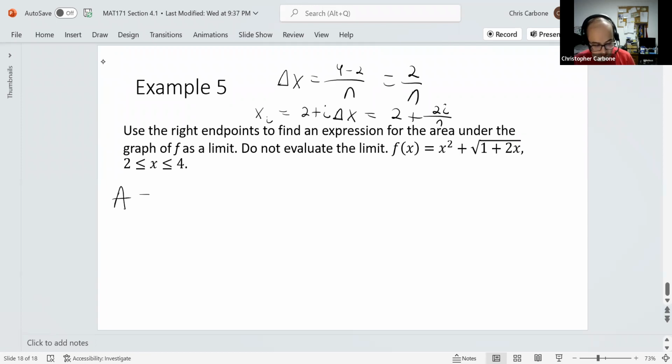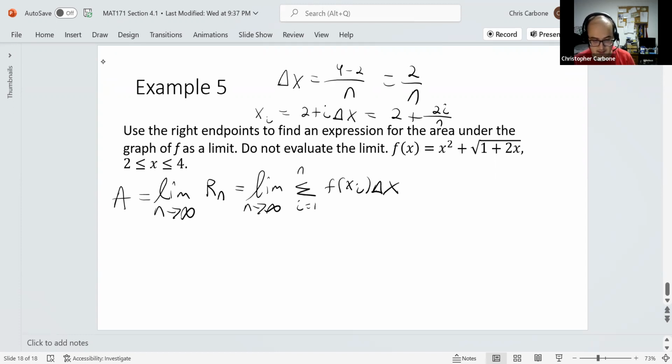So this is the area, the limit as n approaches infinity of these right endpoint sums, R sub n. So the limit as n approaches infinity of the sum from i equals 1 to n of f of x sub i times delta x.